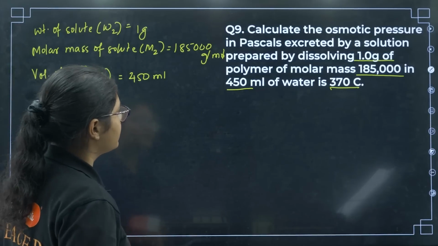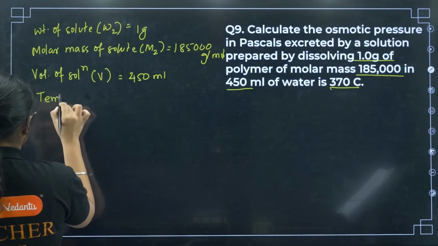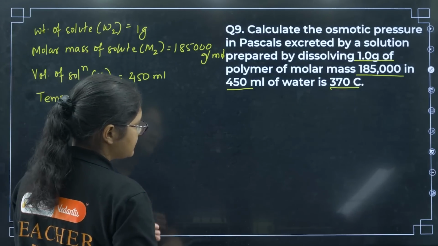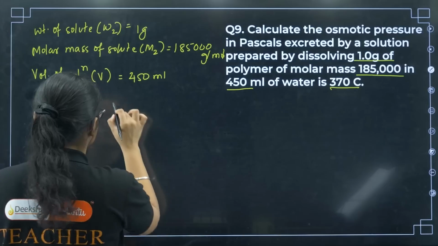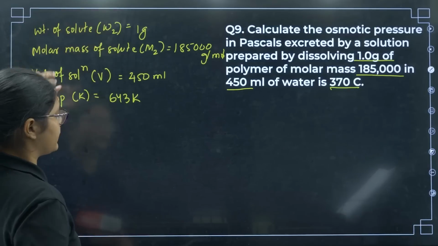Next, temperature in Kelvin will be equal to how much? 370 plus 273, so that is equal to 643 Kelvin. Okay, these are the things that you have written.